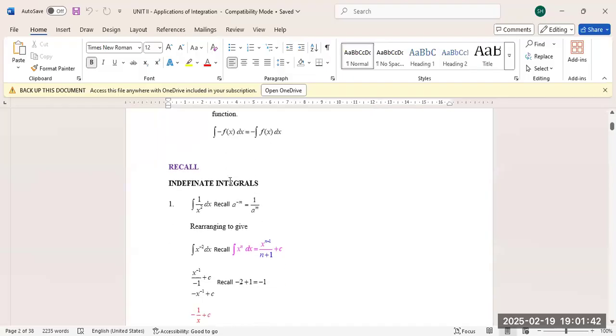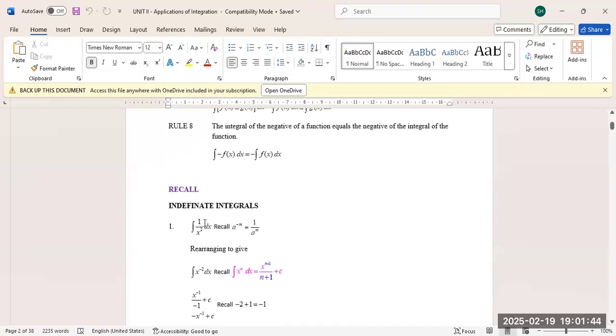If, however, we're integrating and we have 1 over x squared, we can carry this now to x to the negative 2.